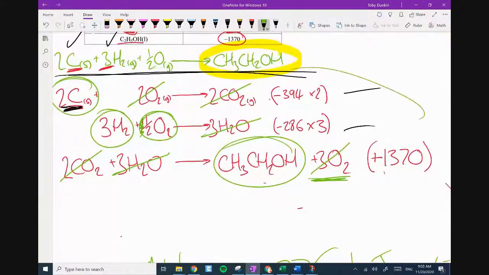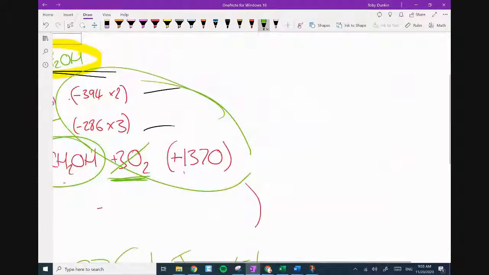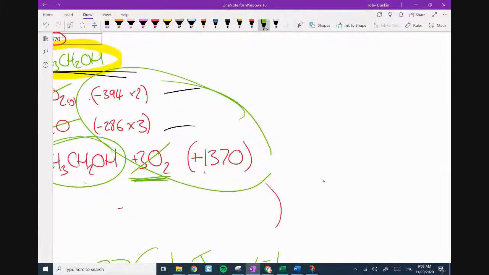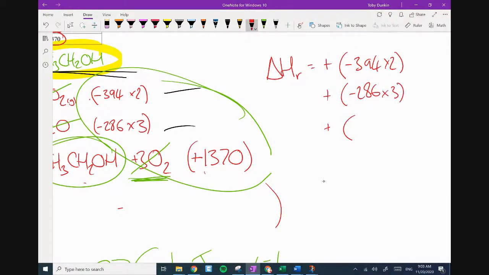All we have to now do is add all 3 of those together. So we just say delta H equals, delta H R, equals, I'm literally going to add them all together, plus brackets minus 394 times 2, plus brackets minus 286 times 3, plus brackets plus 1370.